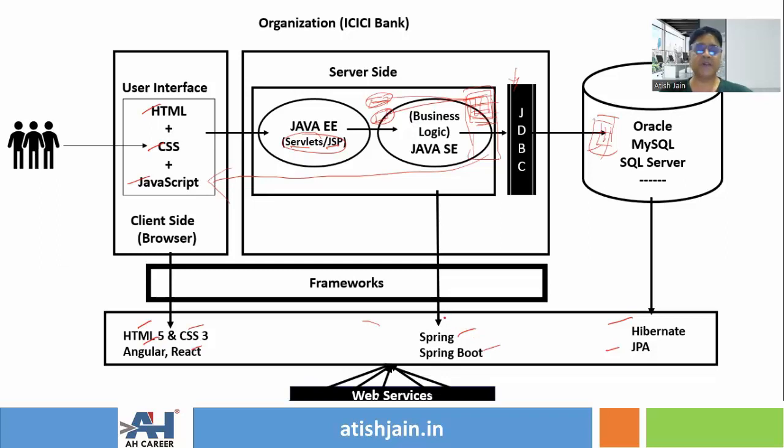And your application wants to interact with other applications. Your ICICI Bank application is available on Android, iOS, and it may be required by other companies to make decisions based upon the customers' transactions. That's where machine learning and AI will come into the picture. Your application wants to interact with other applications running on different technologies, and that's where the concept of web services will come into the picture.